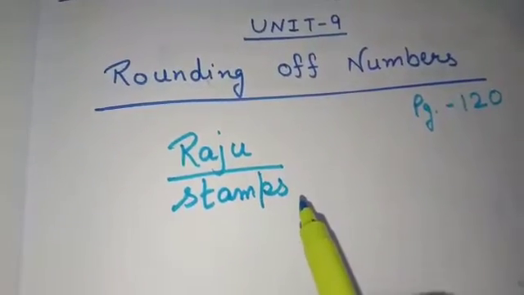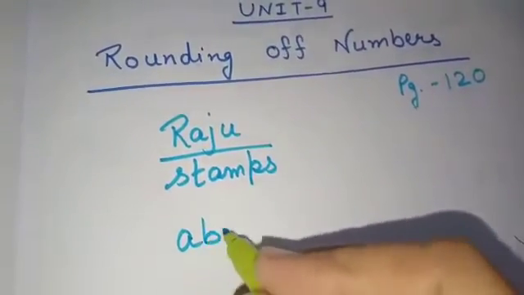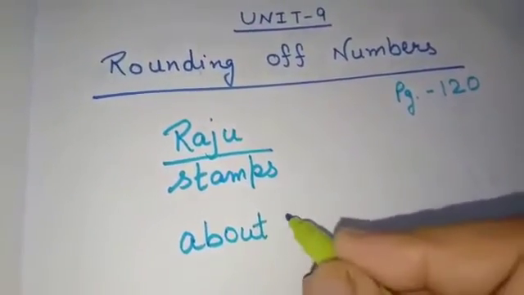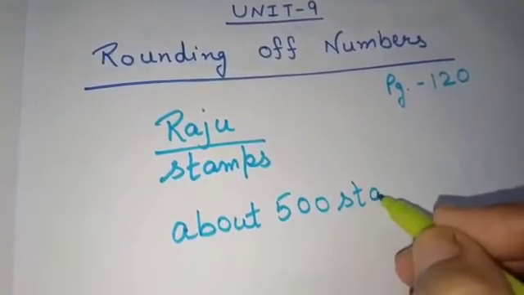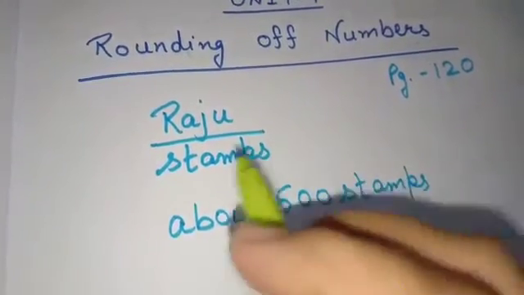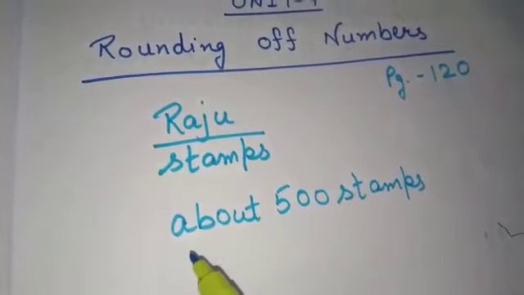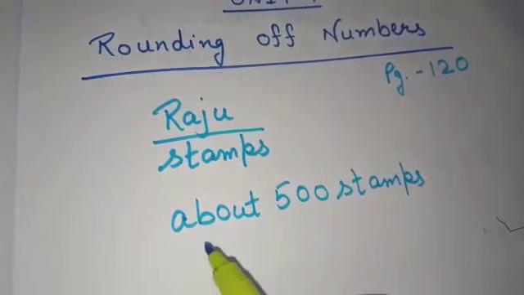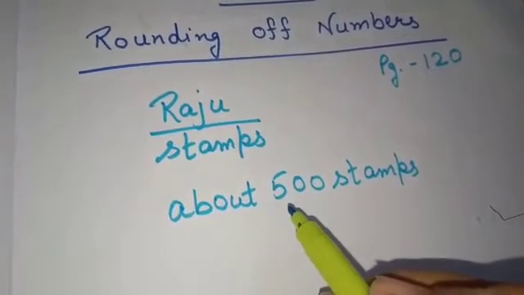Then Raju replied, "I have collected about 500 stamps." His reply was about 500 stamps. It means the exact number of stamps is not 500, it was about 500.